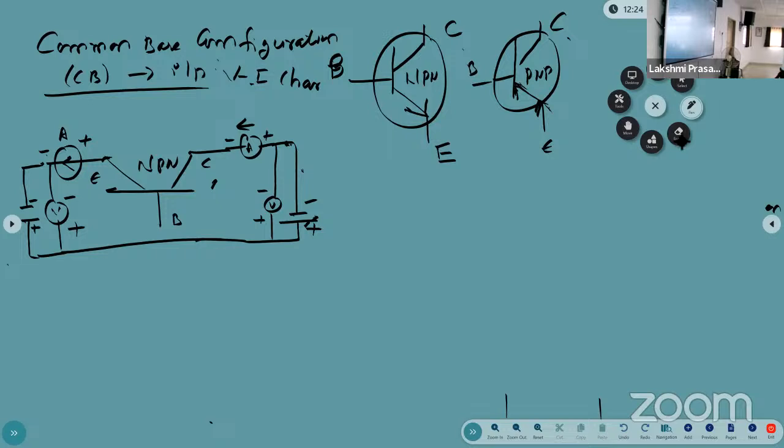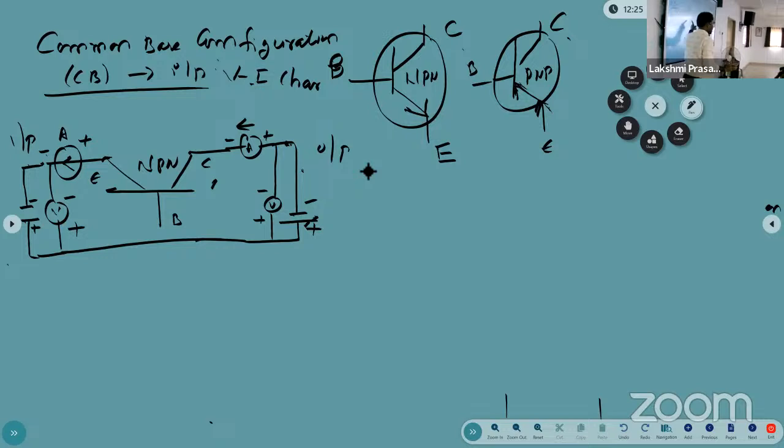Forward and reverse. Here, how many characteristics will we get? How many circuits are there here? Input side, output side. So the input characteristics and output characteristics. If you want to draw the input characteristics, you can take this voltage and this.